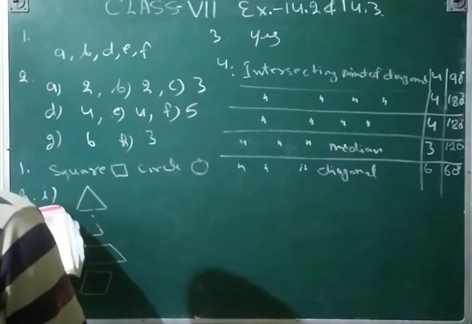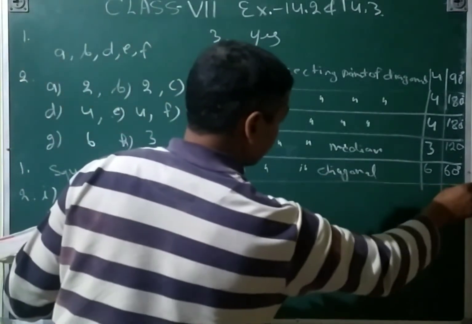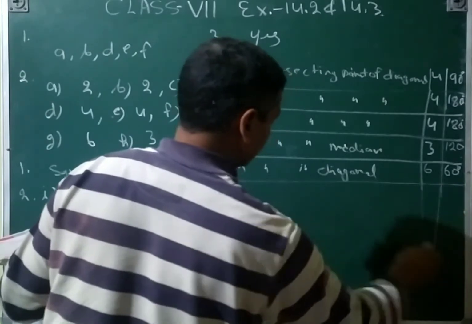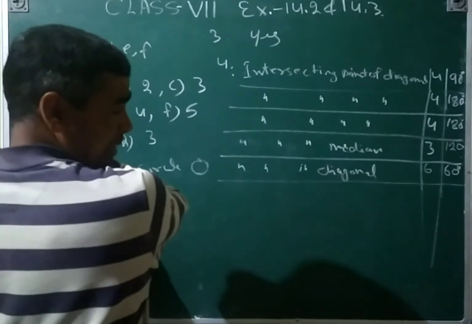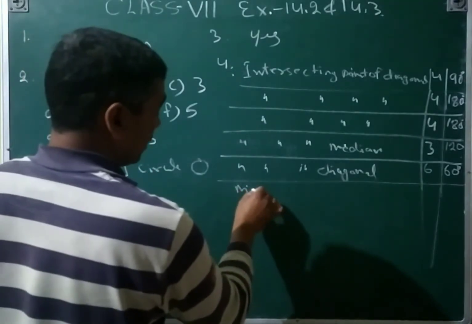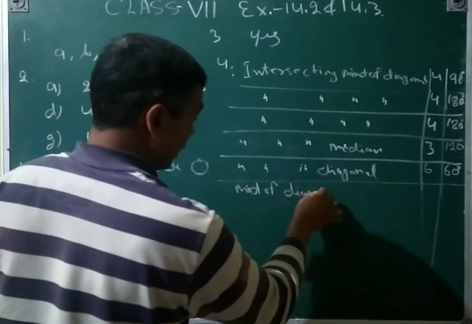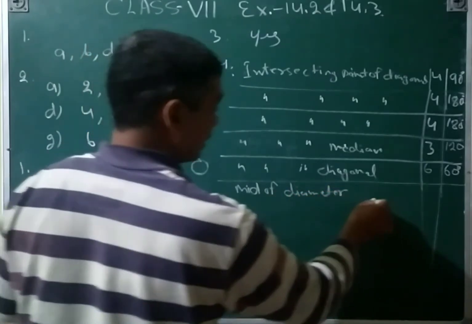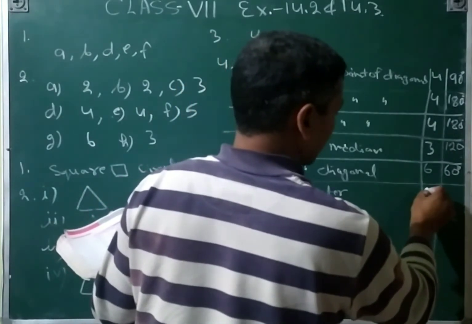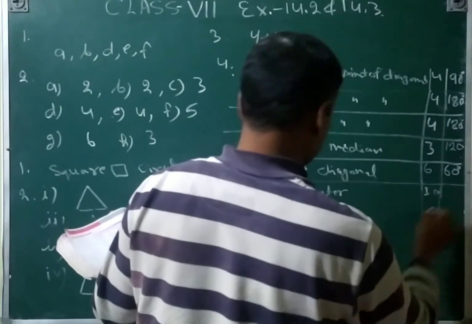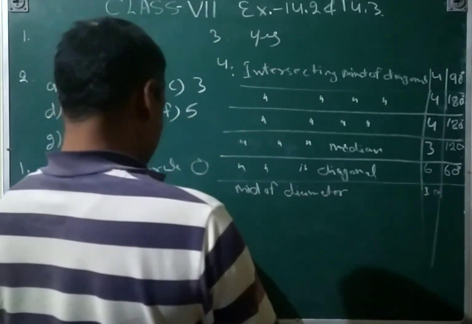And then circle, that will be the midpoint of the diameter, infinitely many, and then the angle will be every angle.